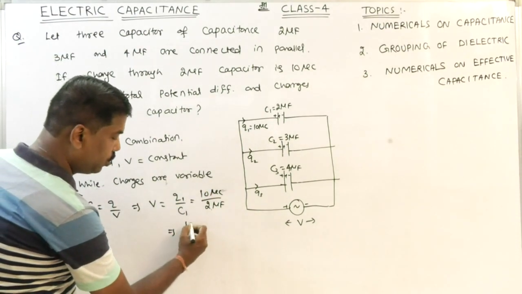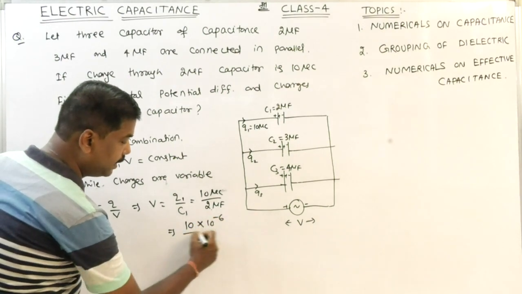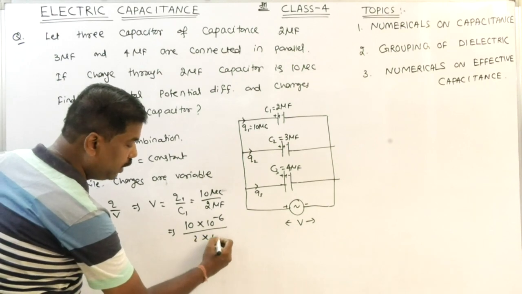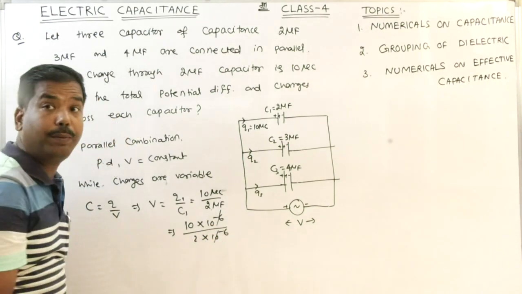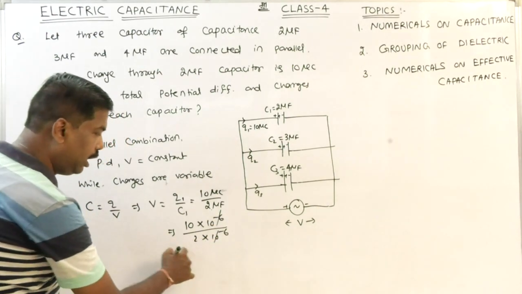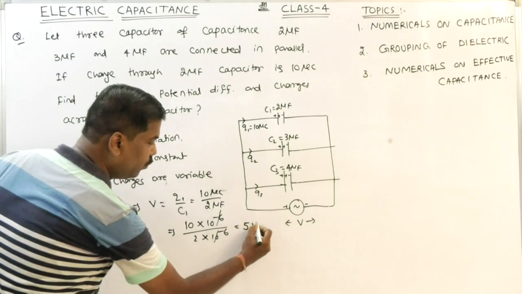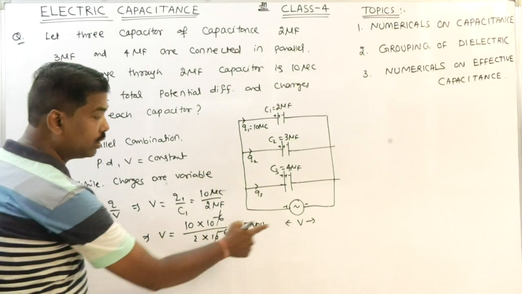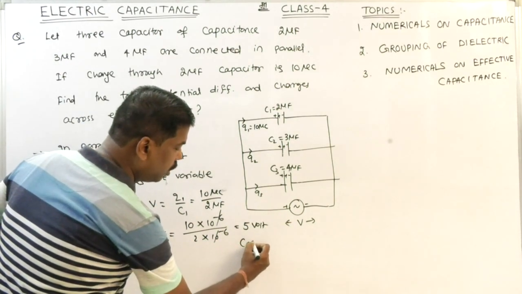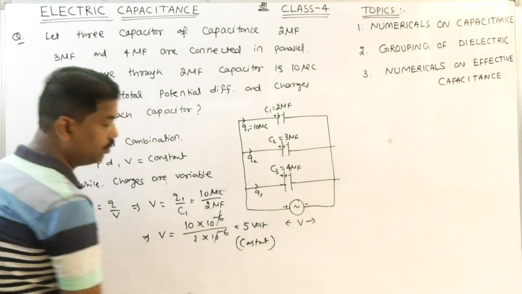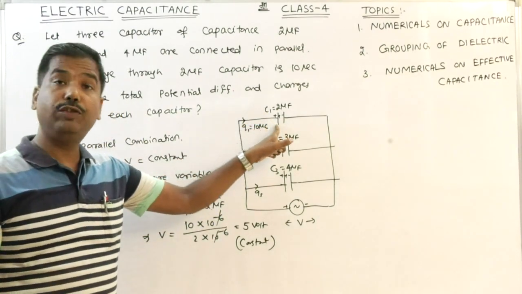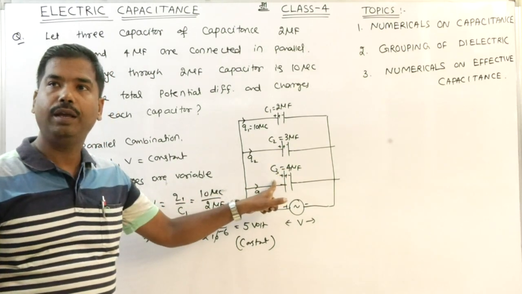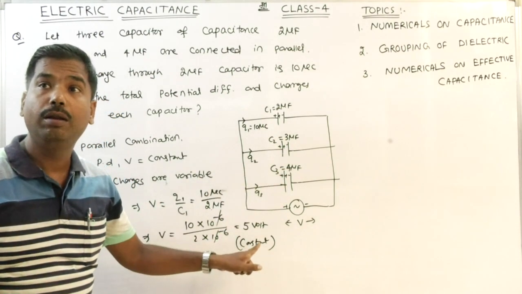So 10 into 10 to the power minus 6 divided by 2 into 10 to the power minus 6; the powers cancel each other. Now it is found to be 5 volt, that is V. So V is constant. This 5 volt is across each capacitor. It means C1 has 5 volt, C2 has 5 volt, and C3 has 5 volt because they are in parallel.